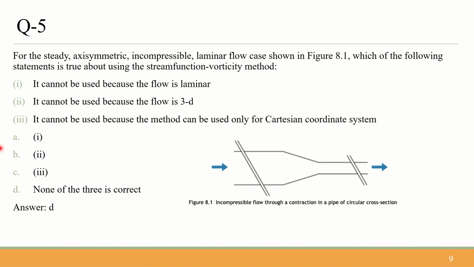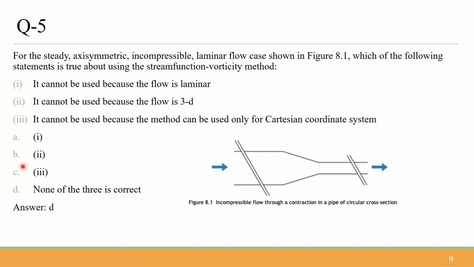Option D says none of the three is correct. Therefore, the right answer is option D, none of the three is correct. I hope it is clear, because it is an axisymmetric problem, we need not worry about that, and therefore it can be used anywhere.